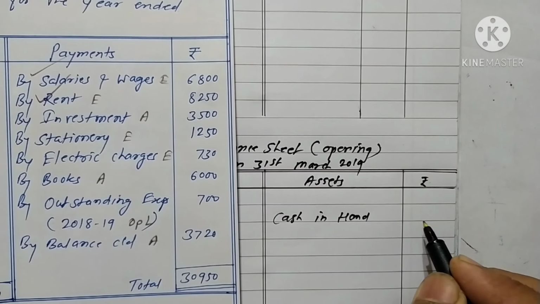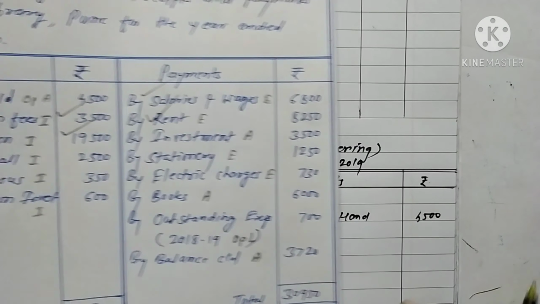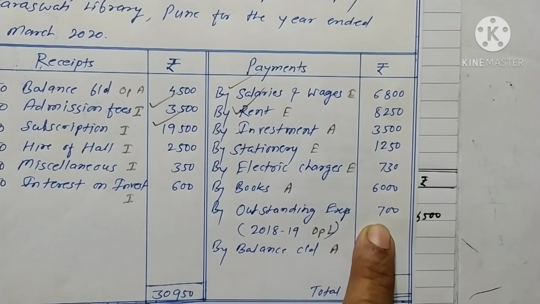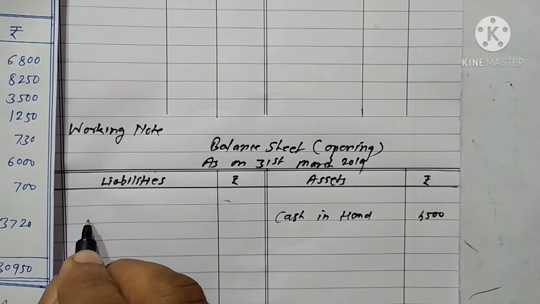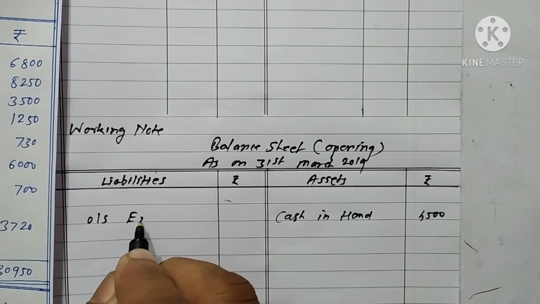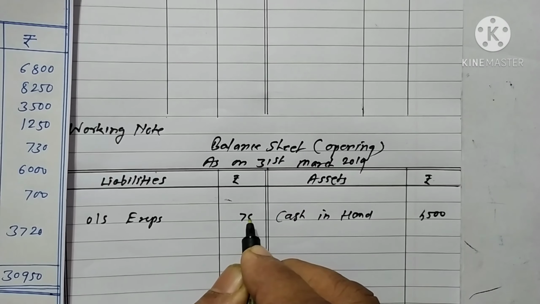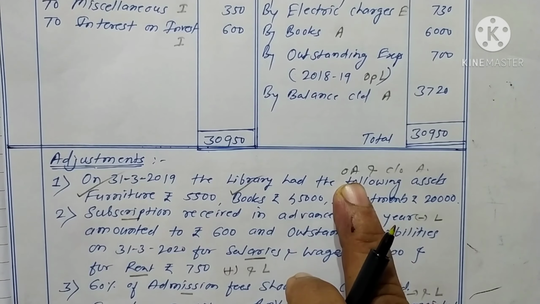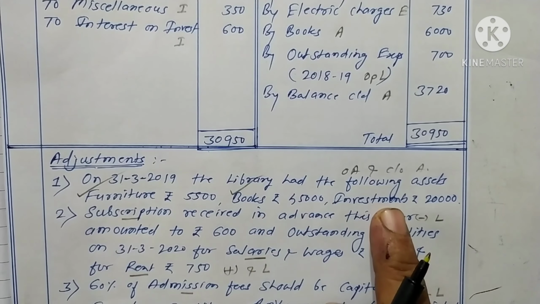Rupees 4,500. Now, opening liabilities, here it is, outstanding expenses. We write on the liability side, outstanding expenses, rupees 700. Now see in adjustment, here opening assets: furniture, books, investment, these are assets.